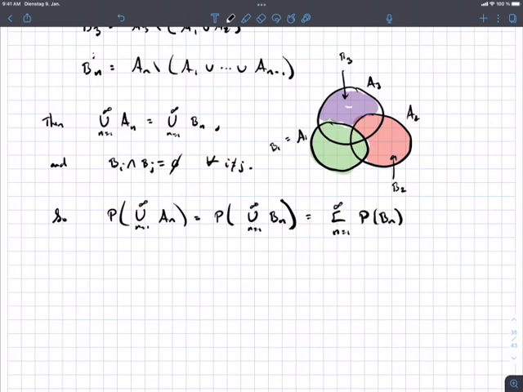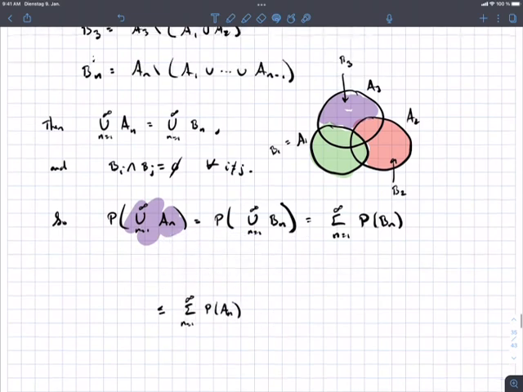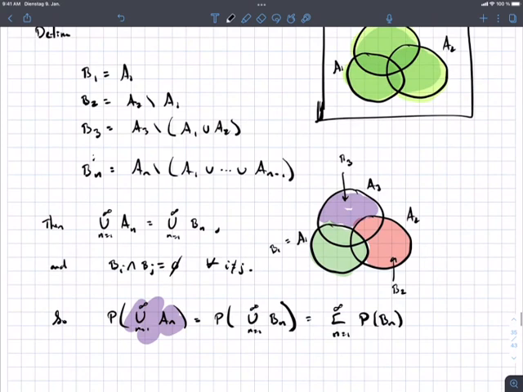And what were we trying to show in the end? Remember, I was trying to show that this is bounded above by the sum of the individual probabilities. So in a final step to show this, I just need to observe that I can write A1 contained in B1. I can write A2 contained in B2.